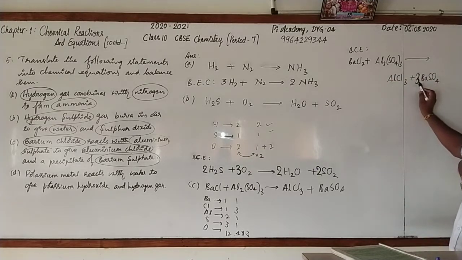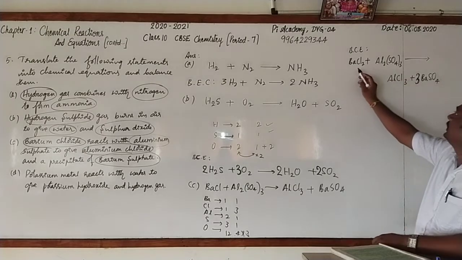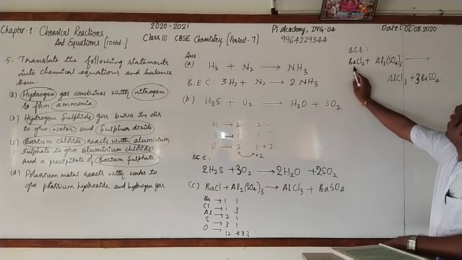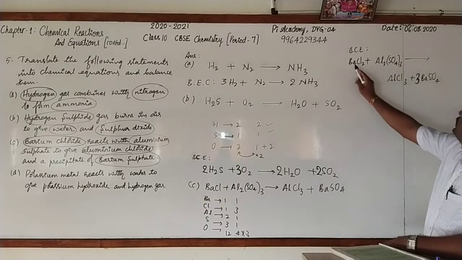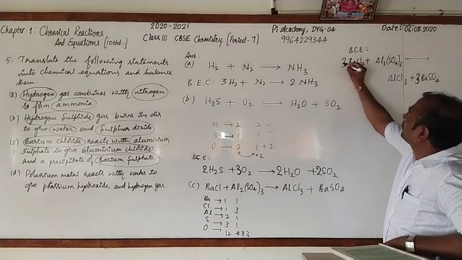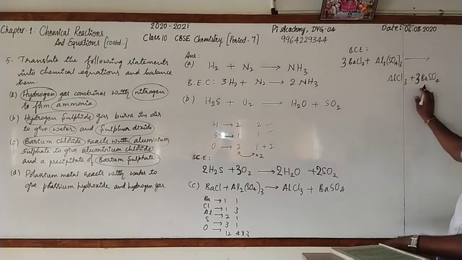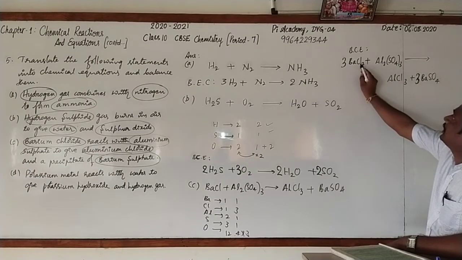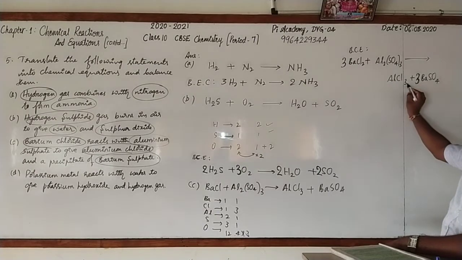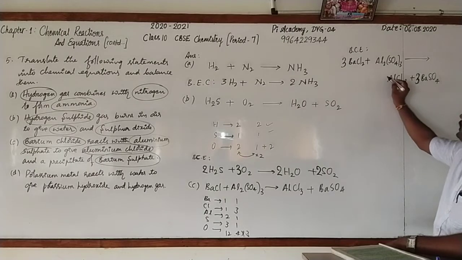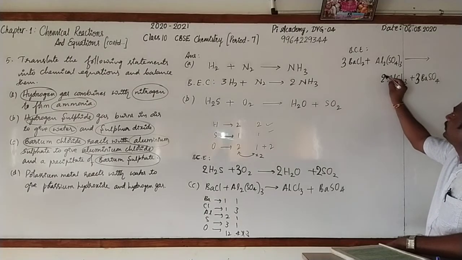What about barium? 3 atoms of barium here, only 1 there, hence I'll write 3. Clear? Next, chlorine, 3 2s are 6. But chlorine here is 3, hence it should be multiplied by 2.